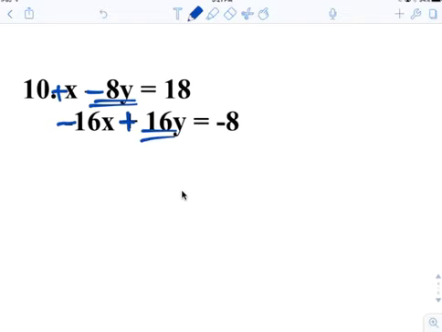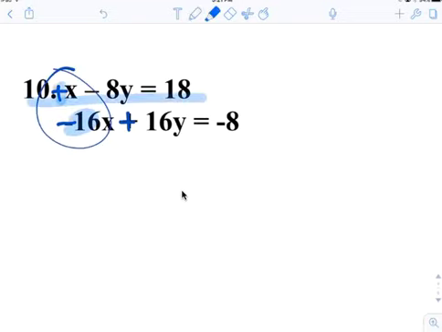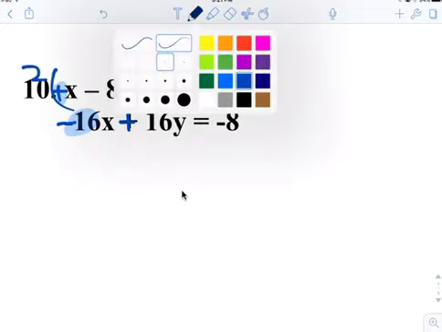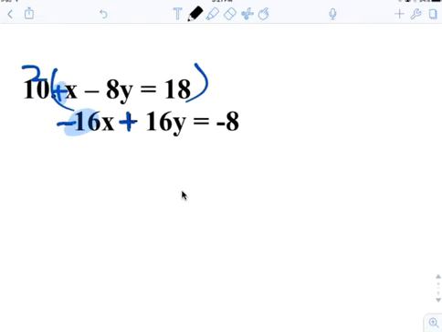A lot easier to multiply by 2 than if you get rid of the x, you have to multiply by 16. That's too hard, that's too big of a number. So choose the smaller number to multiply by. So I would multiply this by 2. So that leaves me 2x minus 16y equals 36.